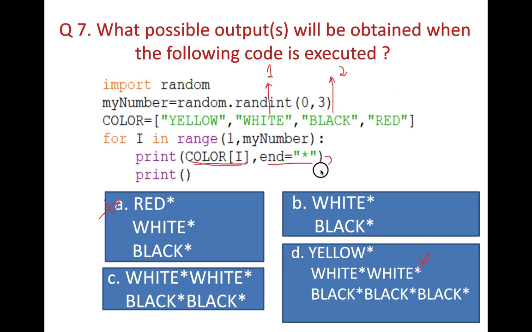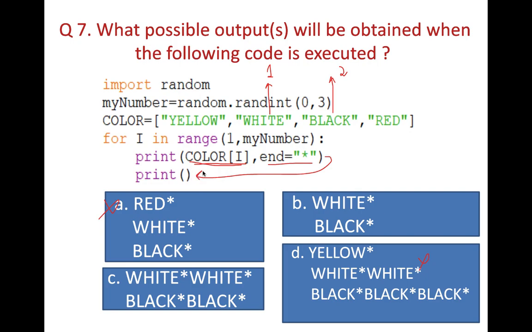After displaying the star, an empty print function is given. That means the cursor will come to the next line after displaying the star. That means after displaying the star, the cursor cannot stay in the same line.